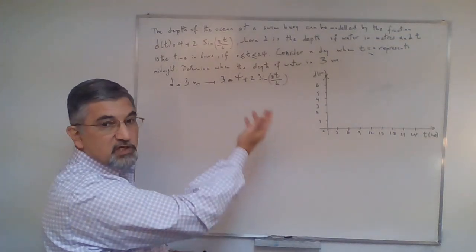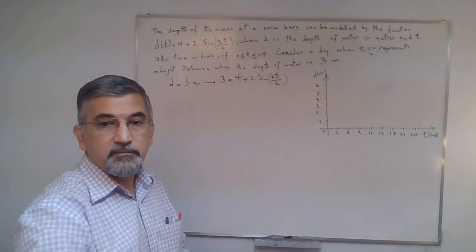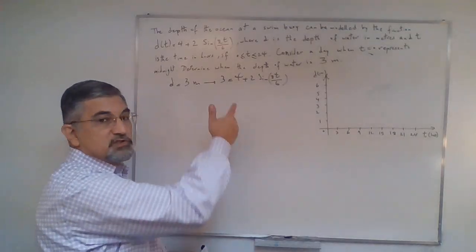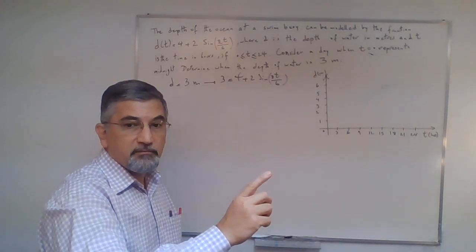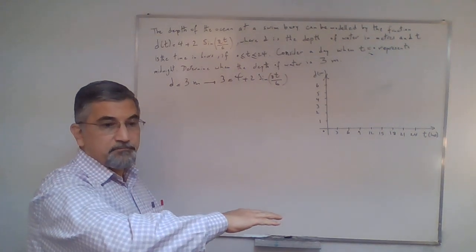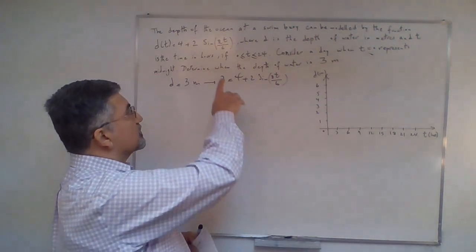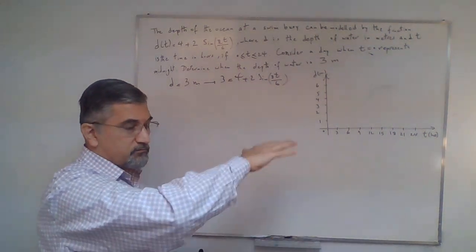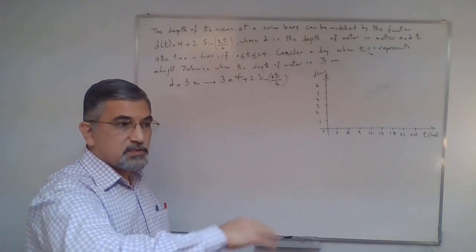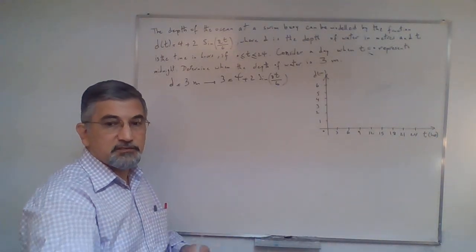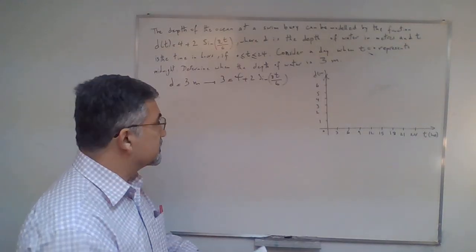If you can solve this trig equation, then you find the time at which the depth is 3 meters. And this could not be like only one time, because the nature of the fluctuation of the water or the depth of the ocean basically is like periodic. So we're going to see.